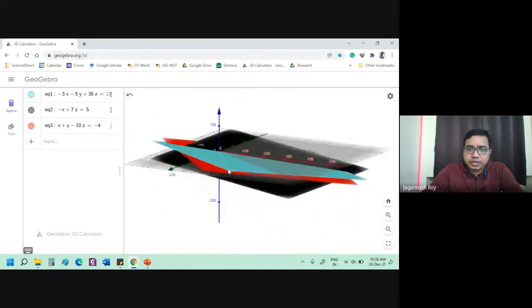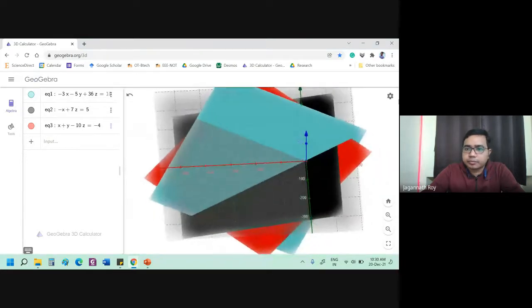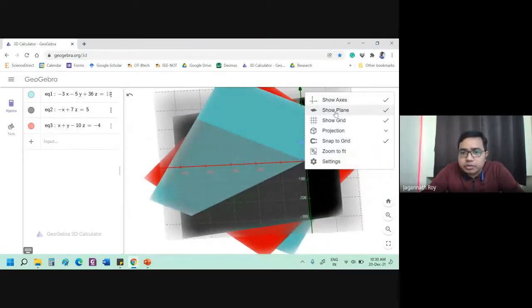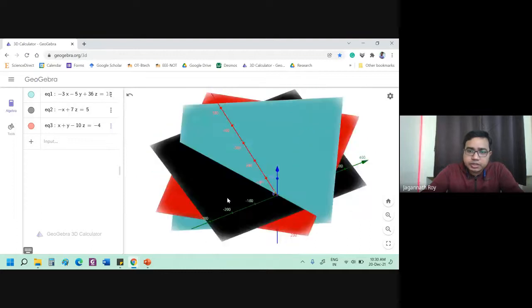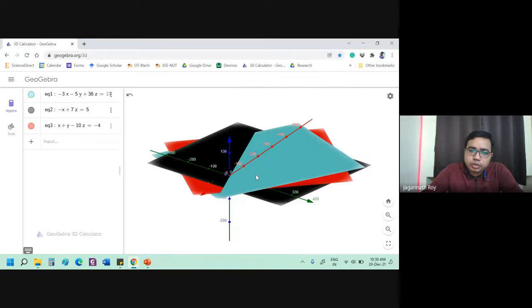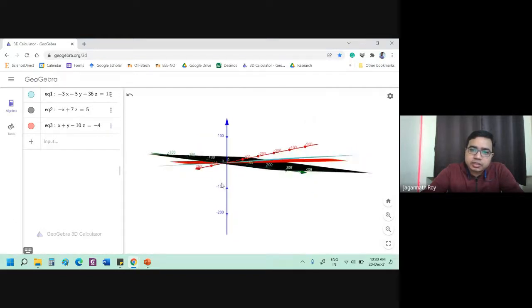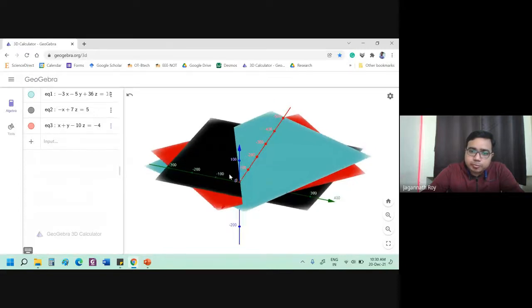So you can see that they are actually intersecting at a line. If you remove the grid line and the plane also, you can see all the three planes. This is sky blue, then the black and the red plane. All these three planes are intersecting over a line. They have a common line of intersection, not a single point, unlike the previous example.